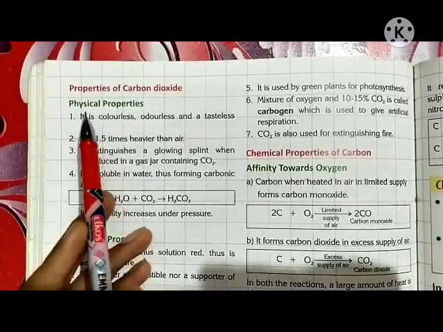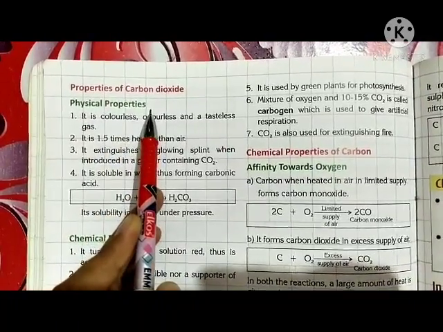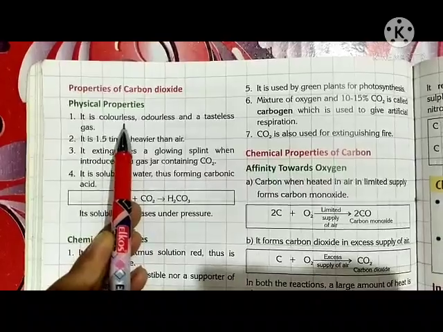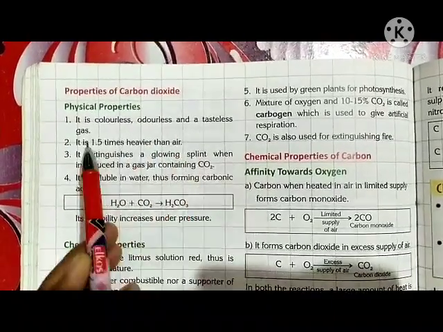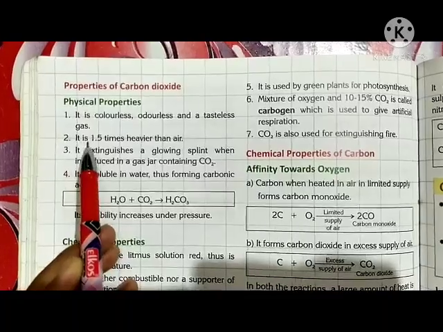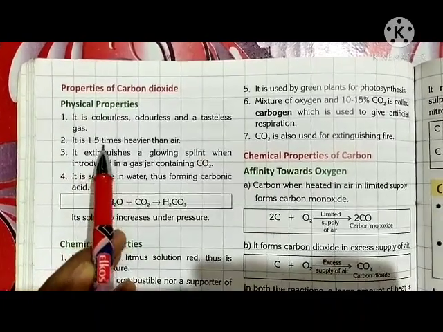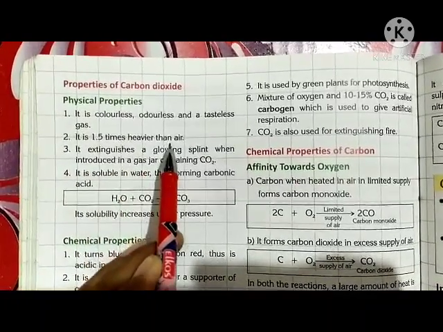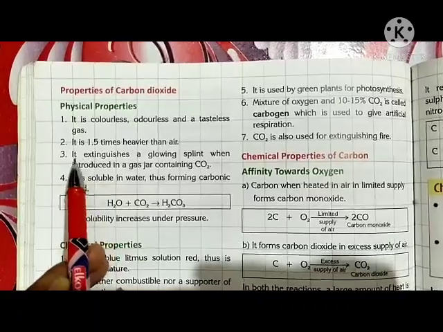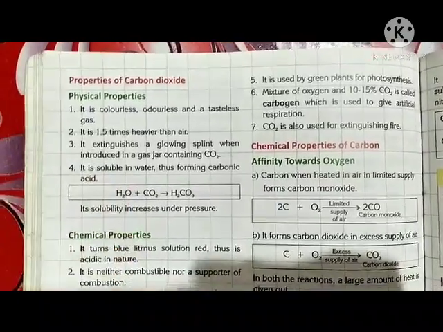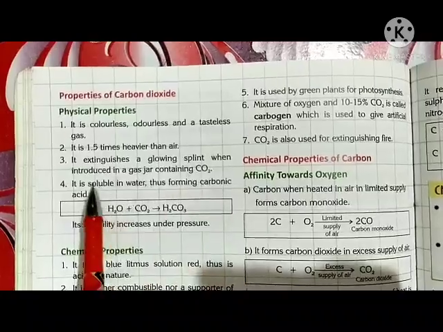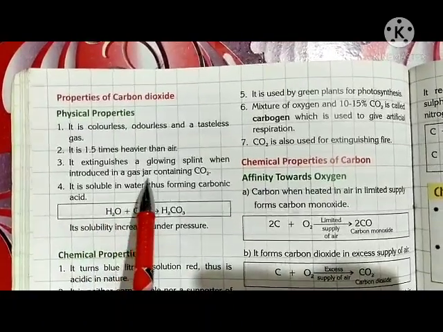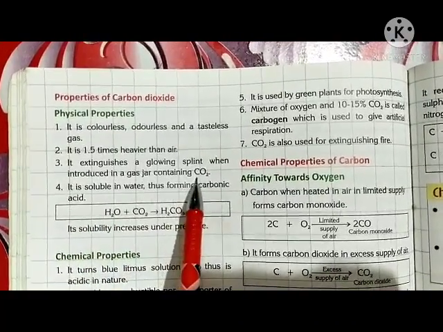For example, the physical properties of carbon dioxide: it is a colorless, odorless, meaning smell-less, and tasteless gas. It is 1.5 times heavier than air. It extinguishes a glowing splint when introduced in a gas jar containing carbon dioxide.